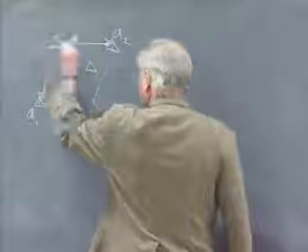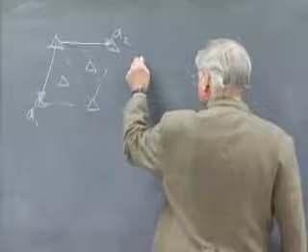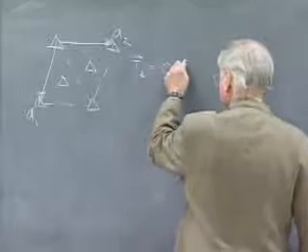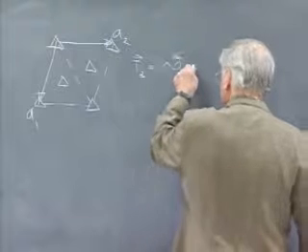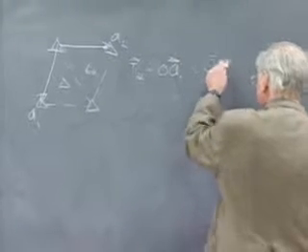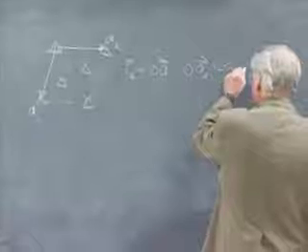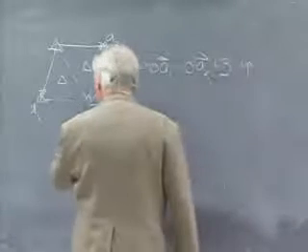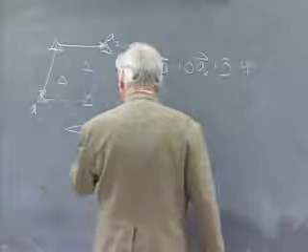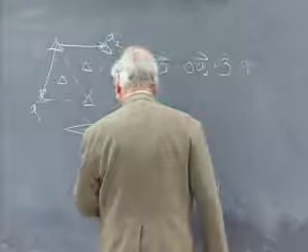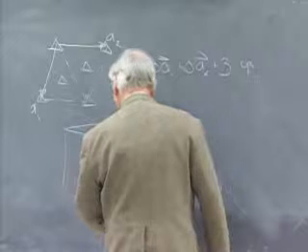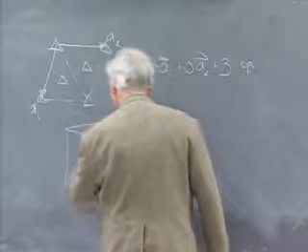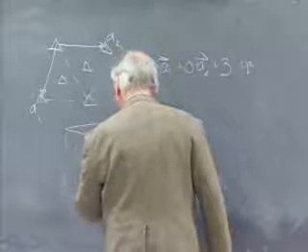You can either have T3 be equal to 0A1 plus 0A2 and an amount Z straight up. And that will give you a cell that is a primitive cell.